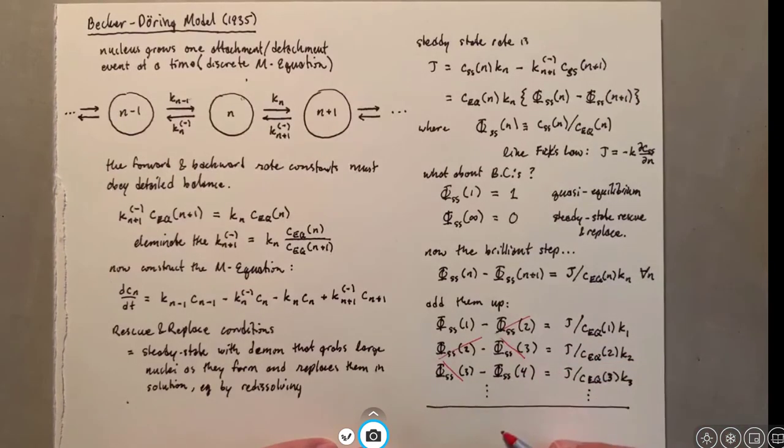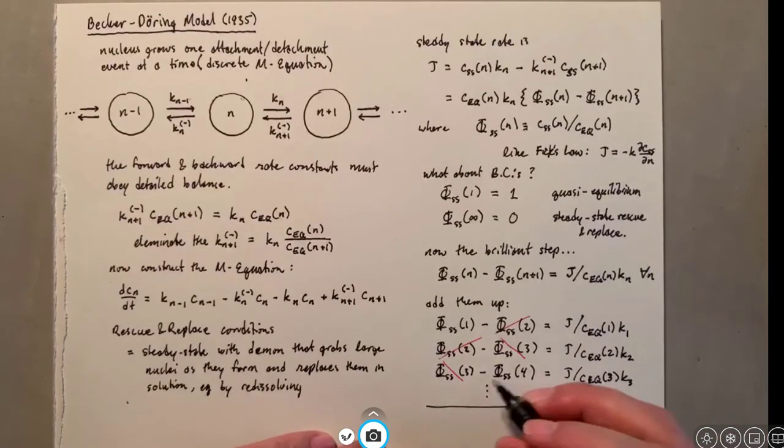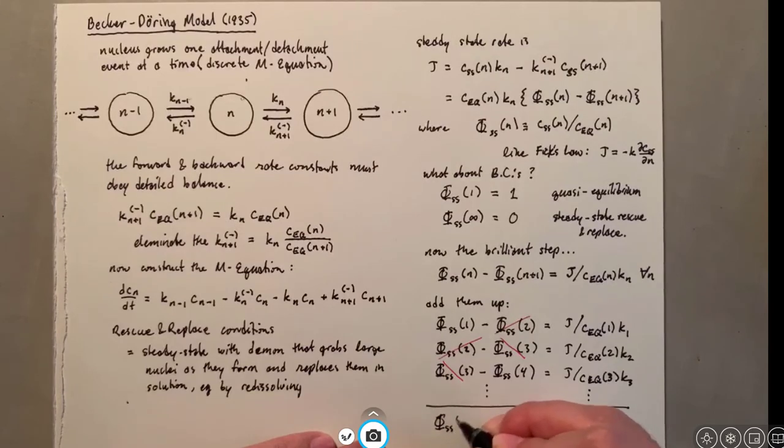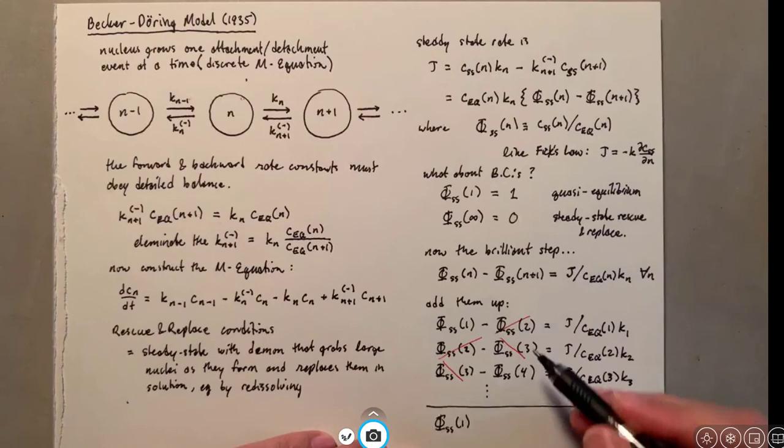And we continue on down this way, all the way till we get to infinity, and we end up with phi SS of 1, and that's the only term that's left, because we know that these things are getting small, and in the limit they're going to 0.